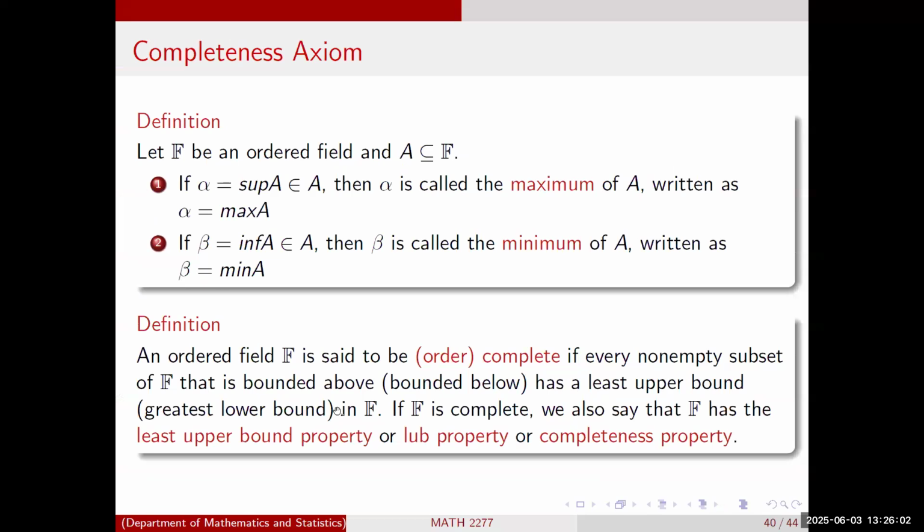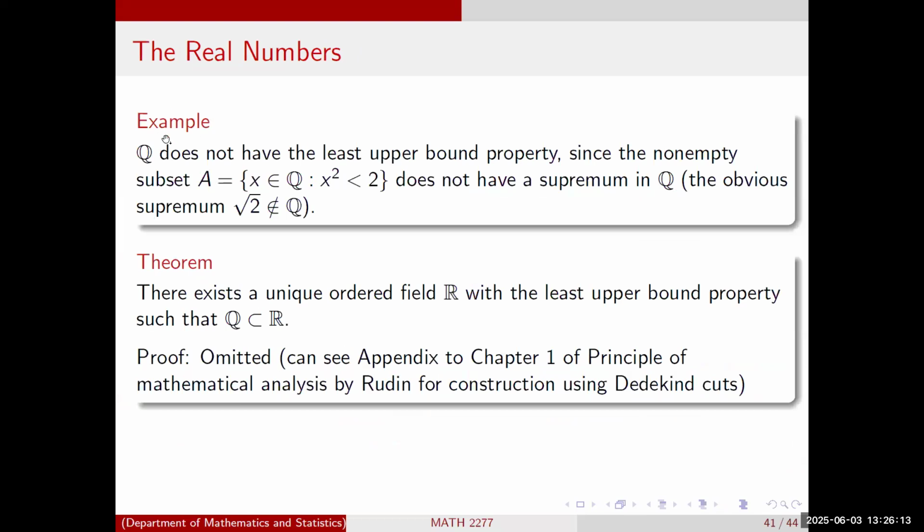Okay, so that is the definition from the point of view of any arbitrary ordered field. But we are interested in one in particular, the real numbers. Okay, so this example is that example that I just showed you. The set of rational numbers such that the square is less than 2. This does not have a supremum in Q, right? The supremum has to belong to the field.